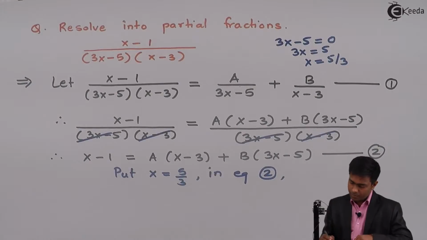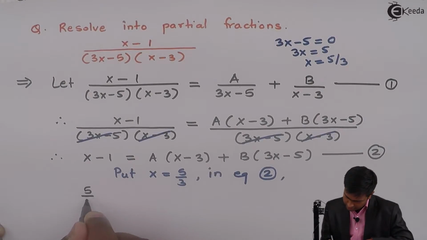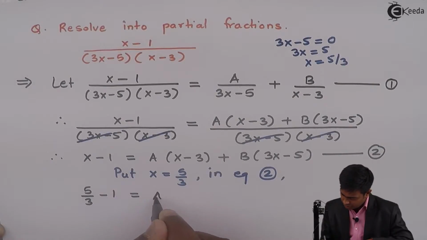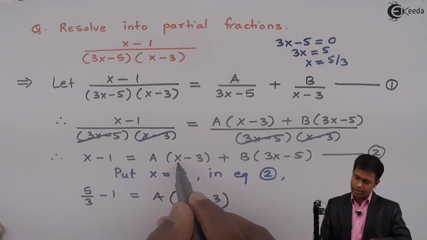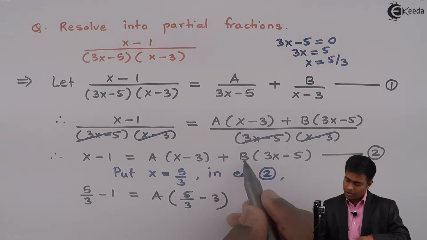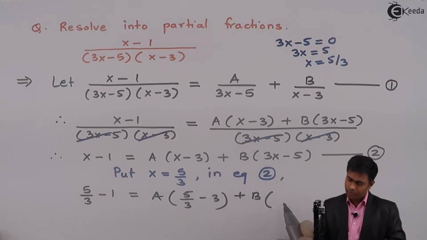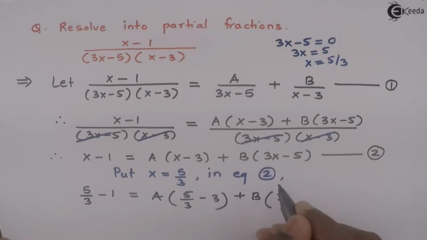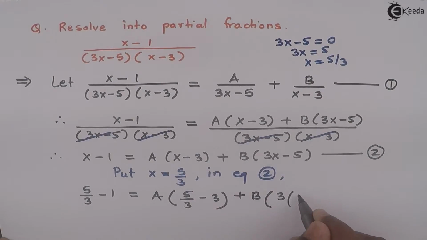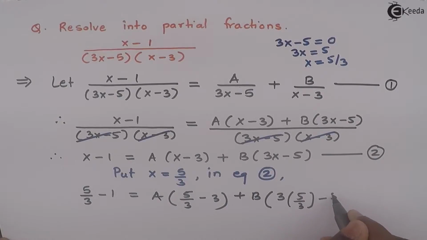So we'll get 5 by 3 minus 1 equal to A into (5 by 3 minus 3), because the value of x I am substituting is 5 by 3, plus B into (3 times 5 by 3 minus 5). So this 3 and 3 will cancel and 5 minus 5 will be 0. So 0 into B is 0. It means we succeeded in making the B term 0 and we can get the value of A.